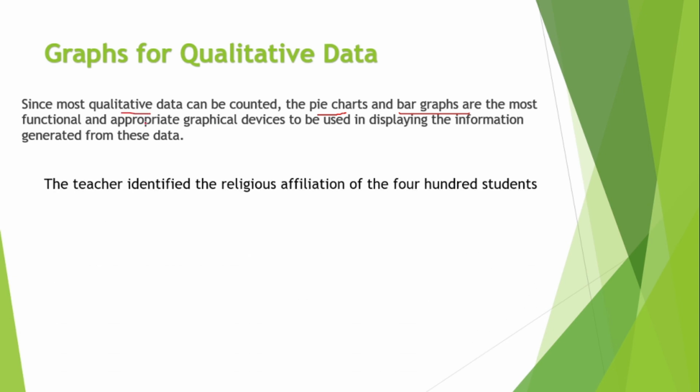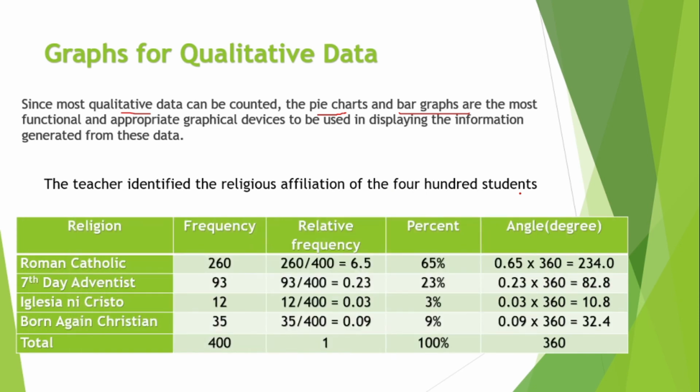For example, the teacher identified the religious affiliation of the 400 students. This is the table: religion and frequency, meaning how many students have the religion Roman Catholic. For the relative frequency, you just divide it by the total number of students.